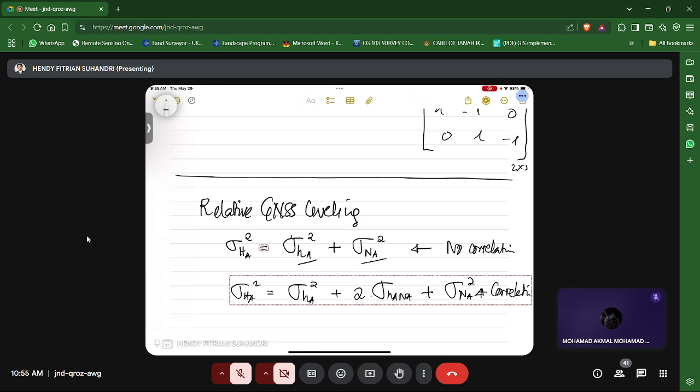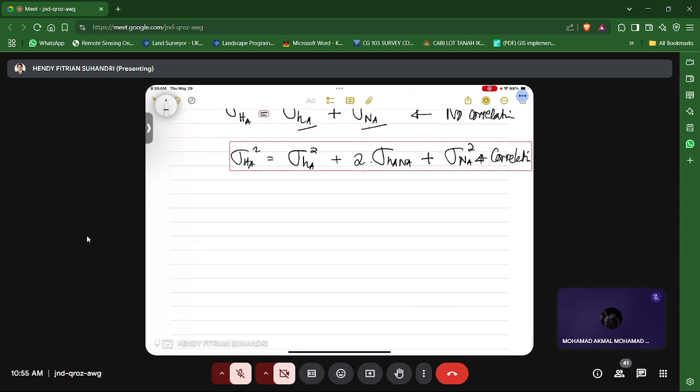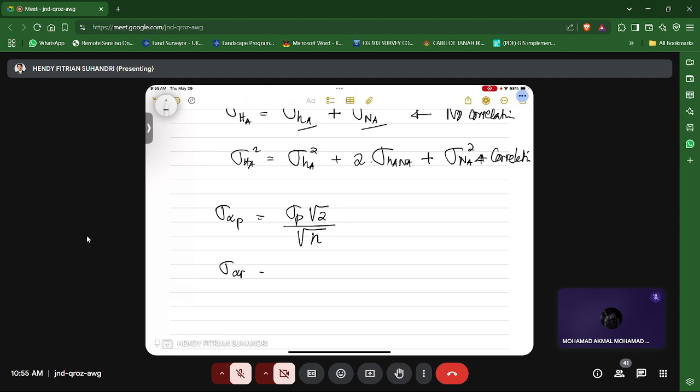You see that the pointing error is denoted as sigma alpha, sigma P, square root of 2 divided by square root of n. Just the same as before in reading errors. Also, we find that sigma alpha R.